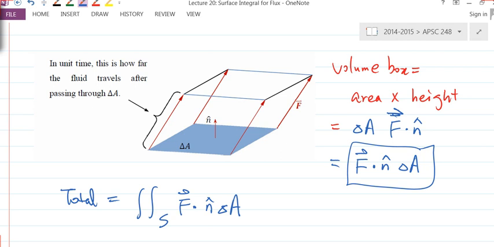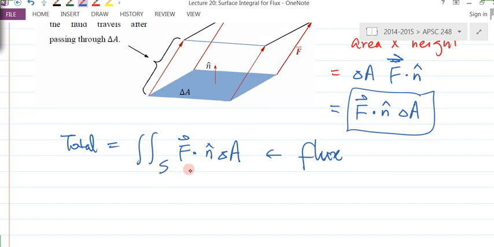That's the surface integral formula, and we call that flux. Is that clear? So first of all, let's revisit this. Each one of the quantities, what do they represent here?